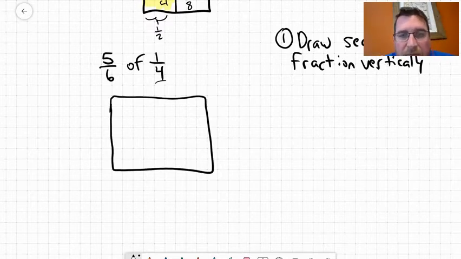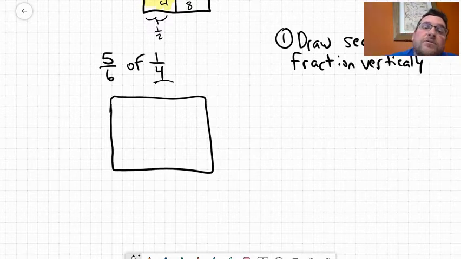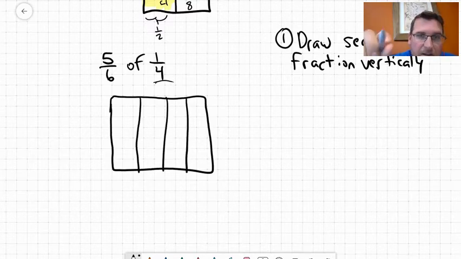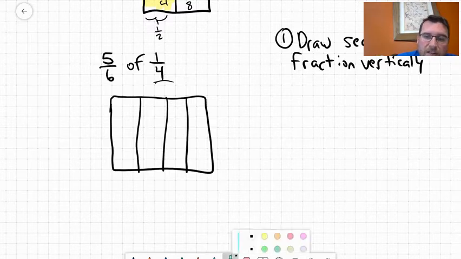So this is the second fraction, so I want to do 4 sections. So how many lines would I draw? Yeah, I would draw 3. 1, 2, 3.